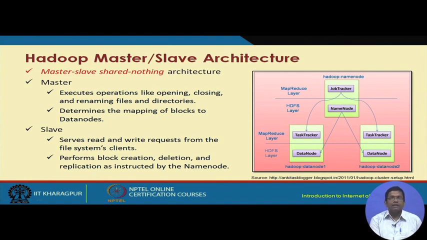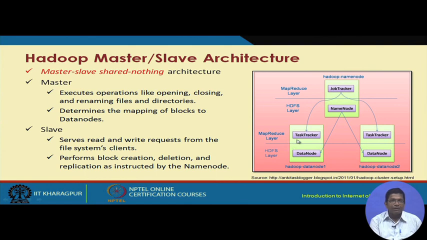Here we see the master slave architecture in Hadoop. We have the name node which contains the metadata, and then we have these different data nodes. The name node has the job tracker and the name node information, and it points to the data nodes that are installed.